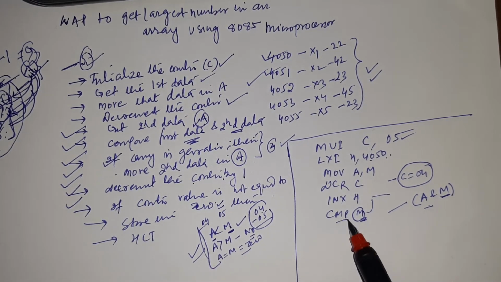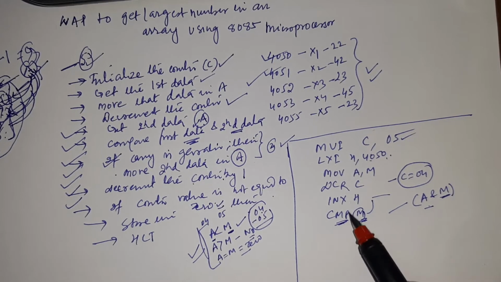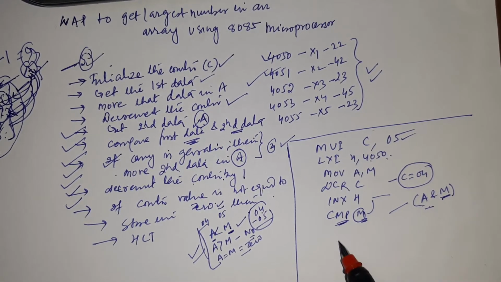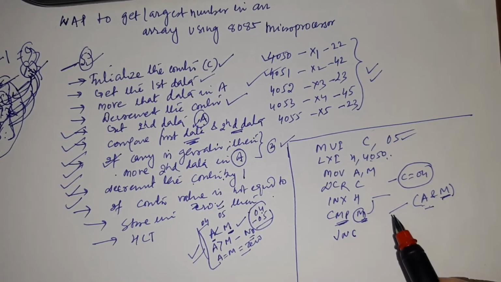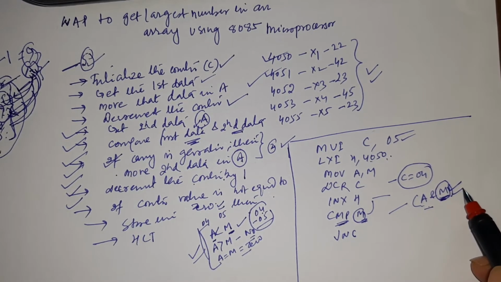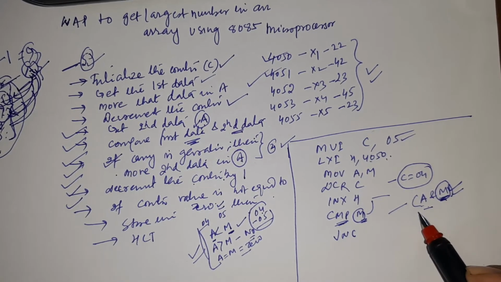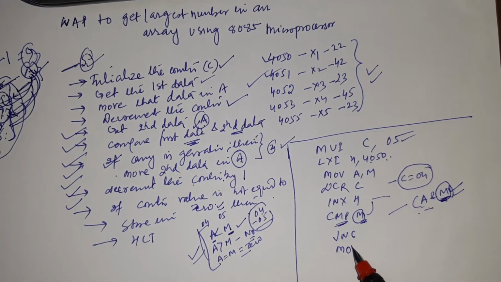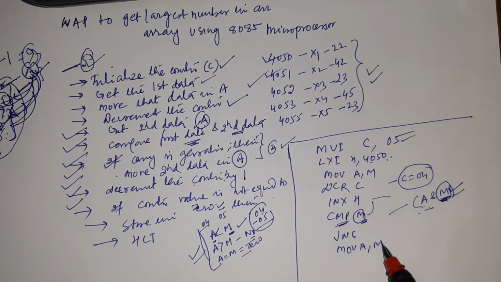So when comparing A and M, suppose there is a carry. If carry is generated, the number represented by M is larger than the accumulator, so we have to move this number into the accumulator. So here MOV A, M.